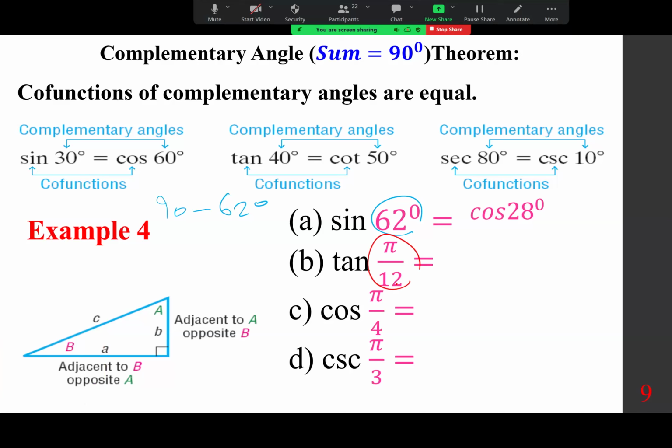What about tan of pi over 12? It becomes cotangent of what? 90 minus pi over 12, meaning pi over 2 minus pi over 12. And as you know, pi over 2 is 6 pi over 12. So it becomes 5 pi over 12.